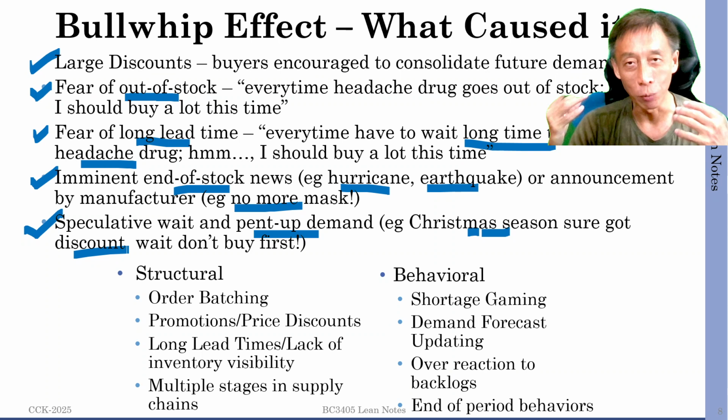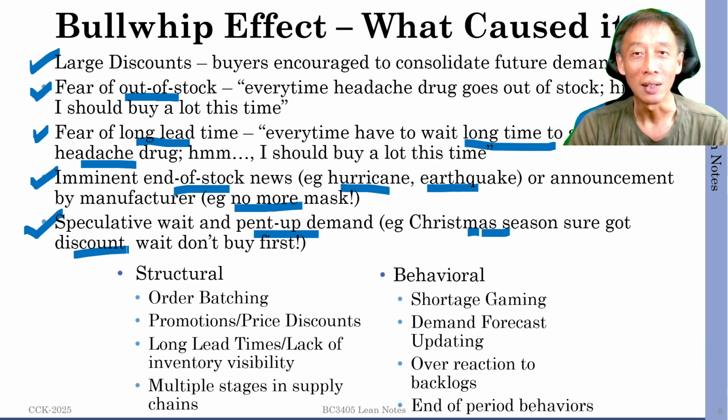I just have to wait 2-3 more weeks. Definitely the supermarket will give heavy discounts. Or maybe I just wait till the 26th, the day after Christmas, when everything drops in price. So why don't I just wait till then? Then I buy. So I better not buy a lot. Even if I have to buy, I buy one, or I don't buy. I just wait. When you wait, you are generating your own pent up demand.